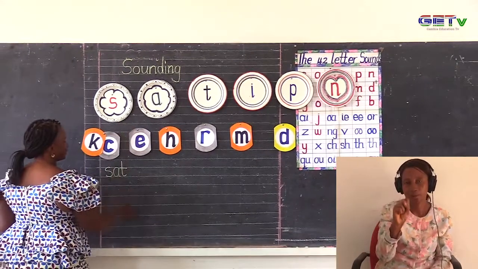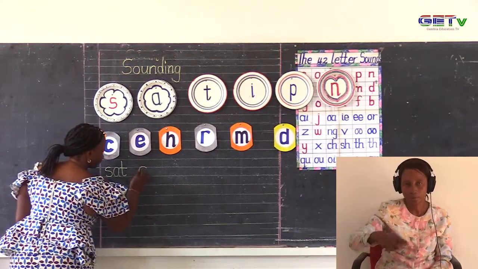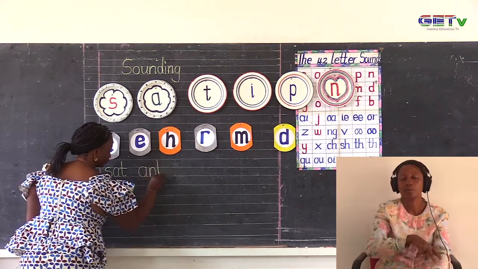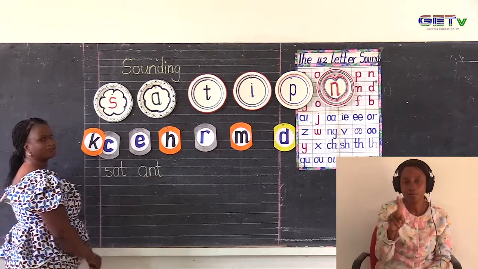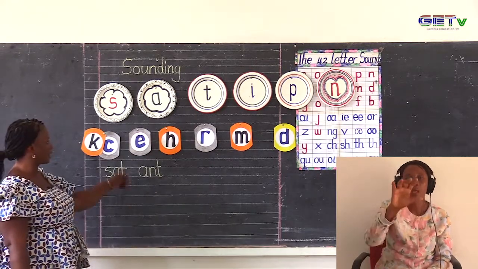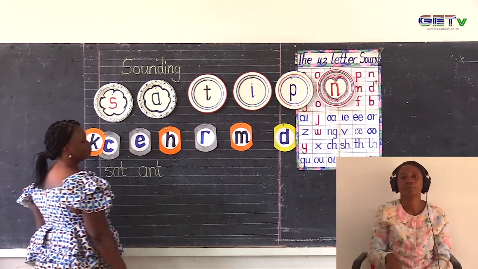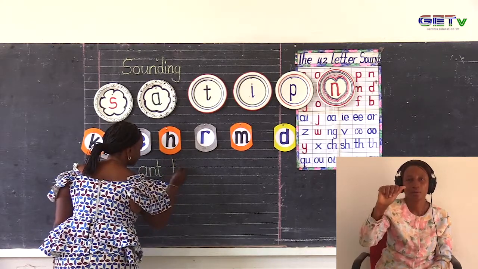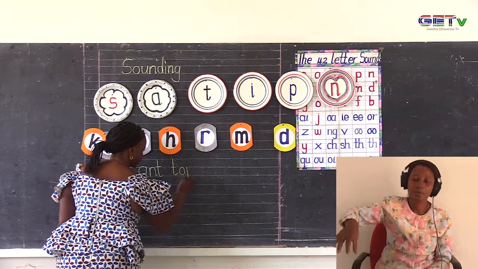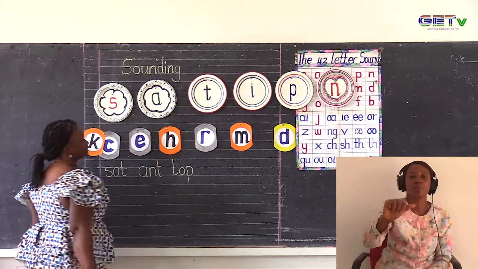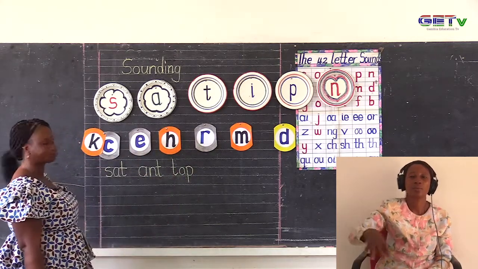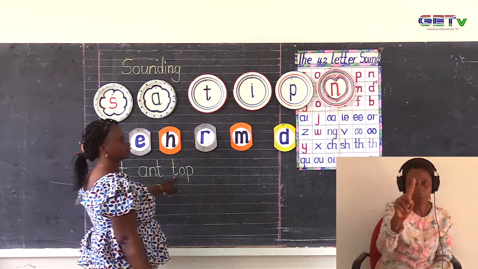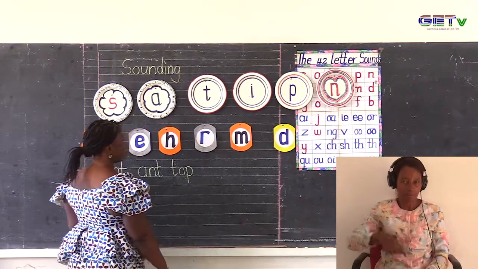We move A. Ant. What's the initial sound of the word ant? A. We move T. Tap. Look at tap, the word tap. That's the initial sound you hear in the word, T. That is tap.